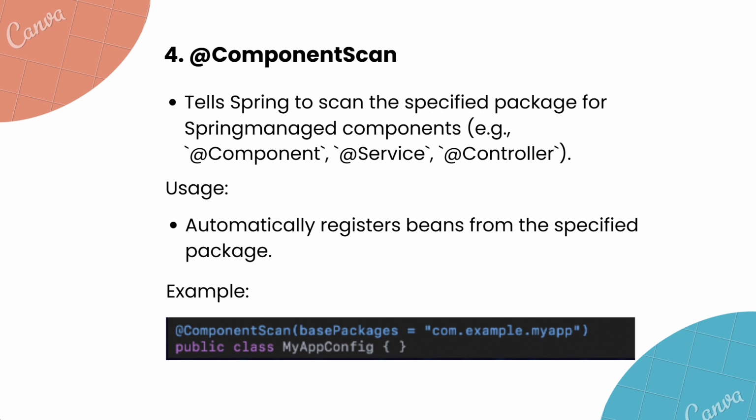Next one is repository, database handling components. Example is product repository. Next one comes controller, web request handlers. Example product controller. So the result is all necessary components are registered and ready for dependency injection without manual configuration.